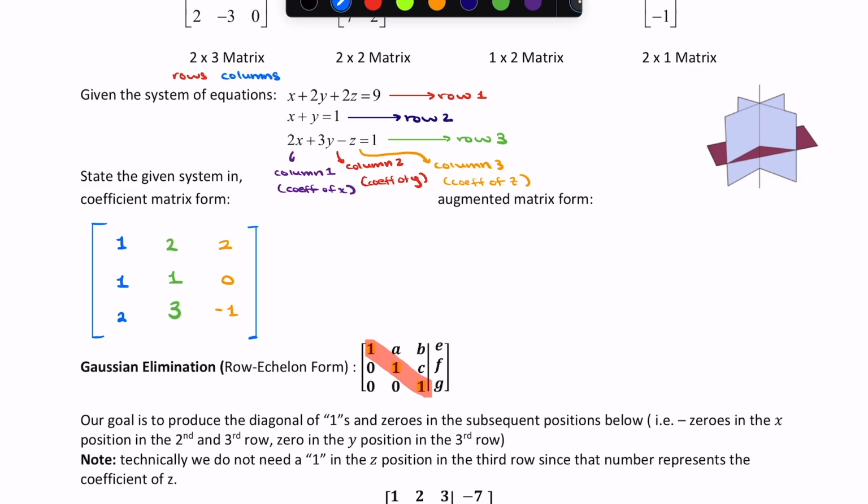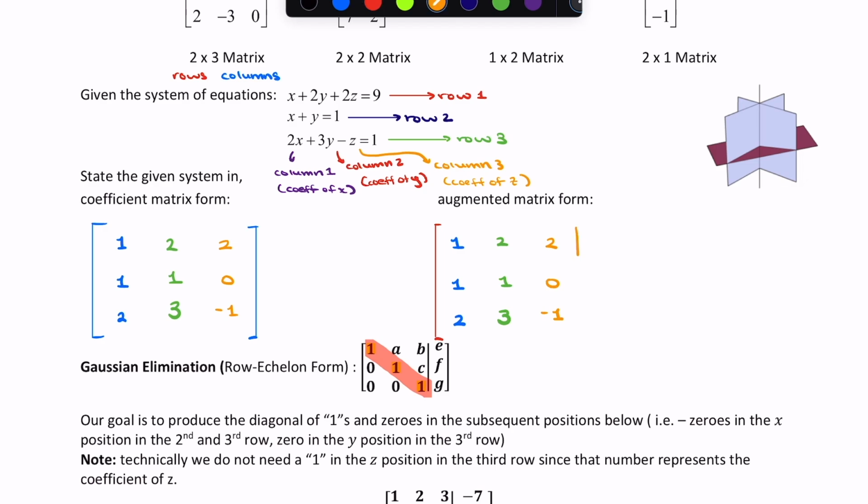In our augmented matrix form, we're going to add the constants that are on the right side of the equal sign. So here we have 1, 1, and 2, the same coefficients; 2, 1, and 3; and 2, 0, and -1.